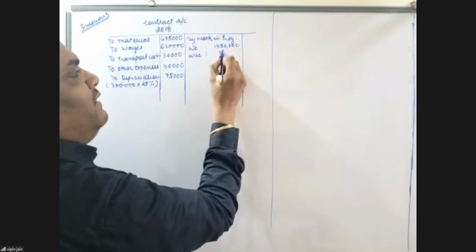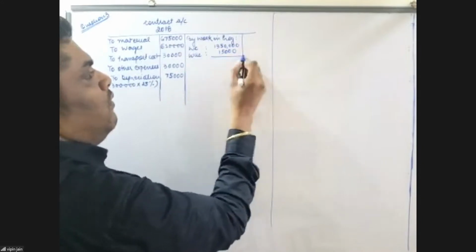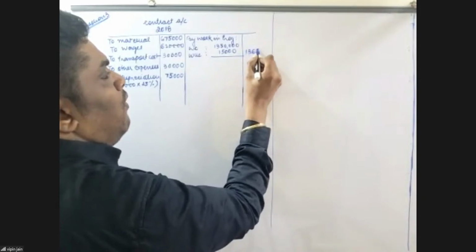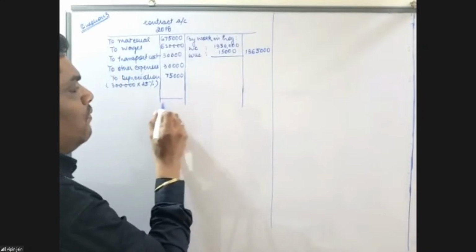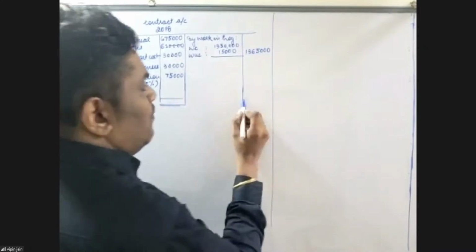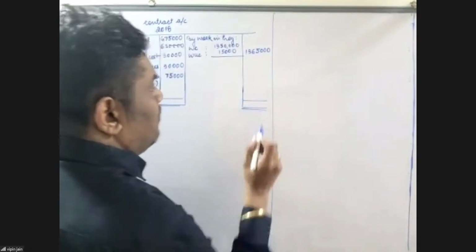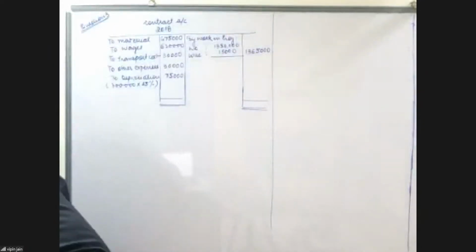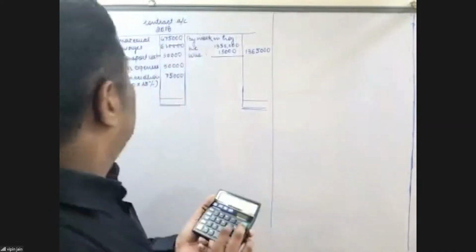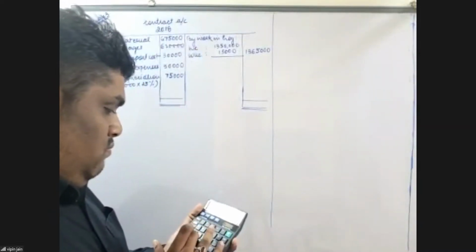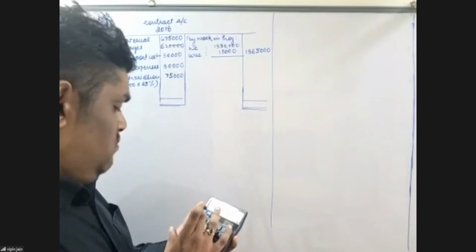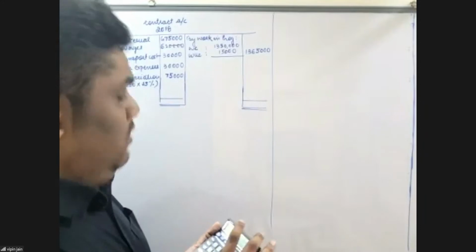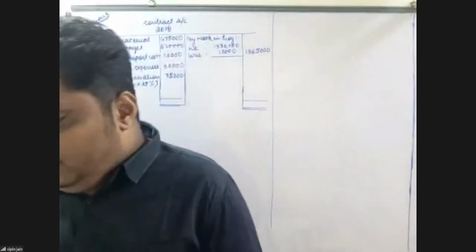And this is 15,000. So the total is 14,30,000.